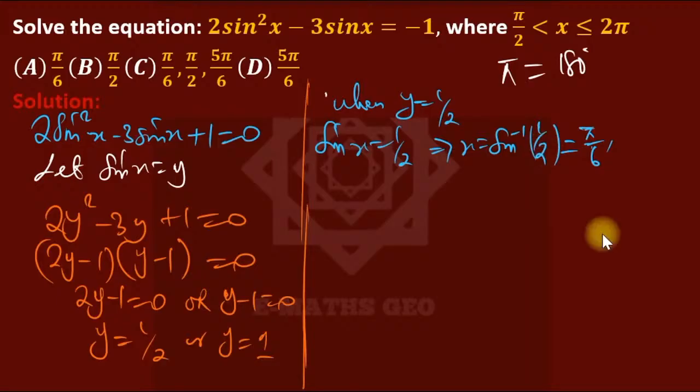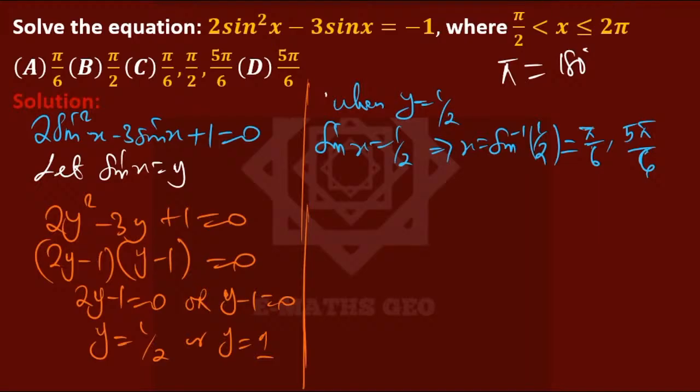So first and second quadrant, not fourth quadrant, which is 150. 150 means 5 pi over 6, since pi over 6 is 30, and 5 times 30 is 150.